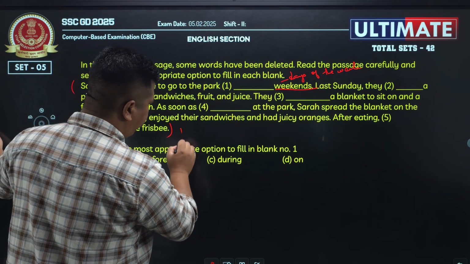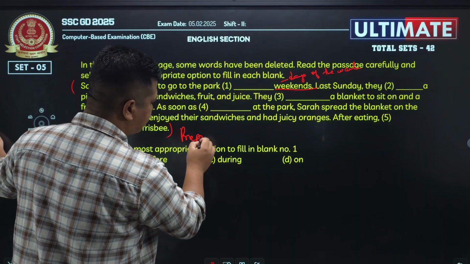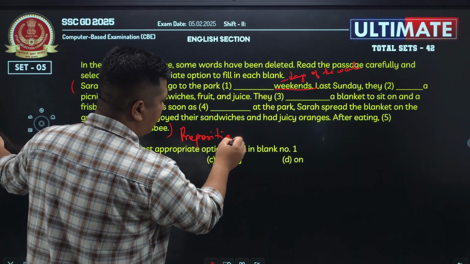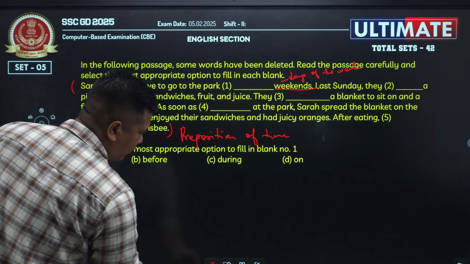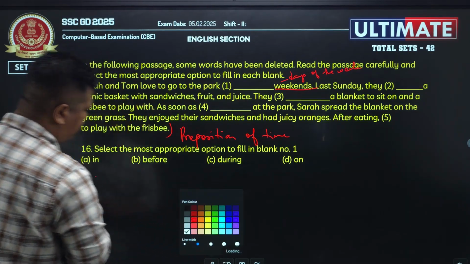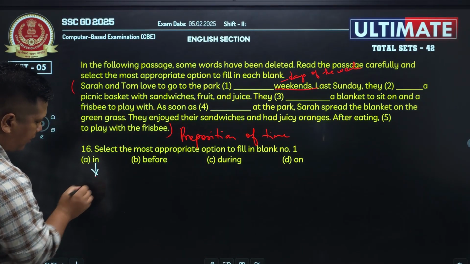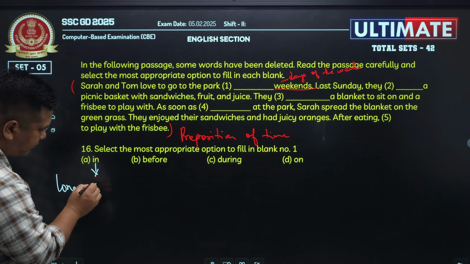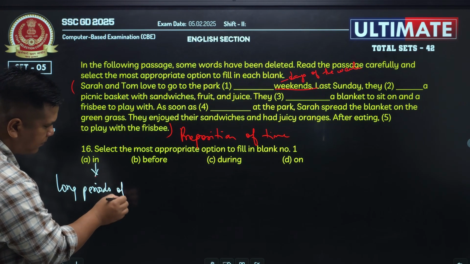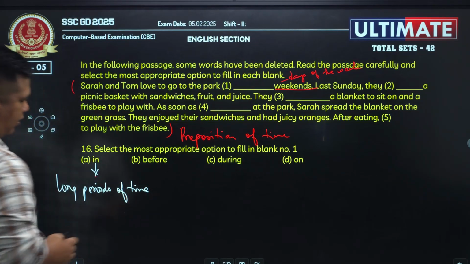So preposition of time. So let's see what are the meanings of each preposition. In is used for long periods of time.